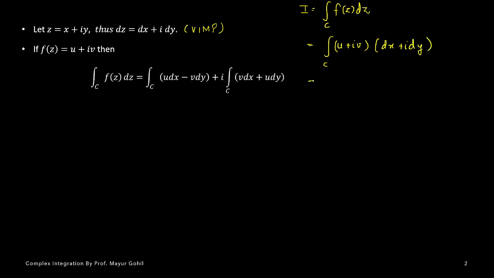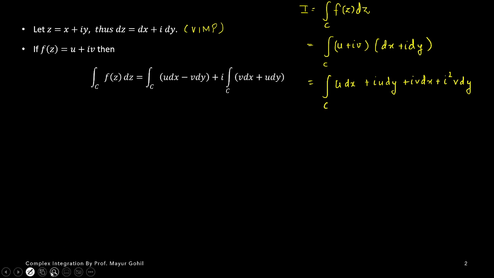Now let us multiply it in an ordinary way, the way we generally do. So you get u dx plus iu dy plus iv dx plus i square v dy.